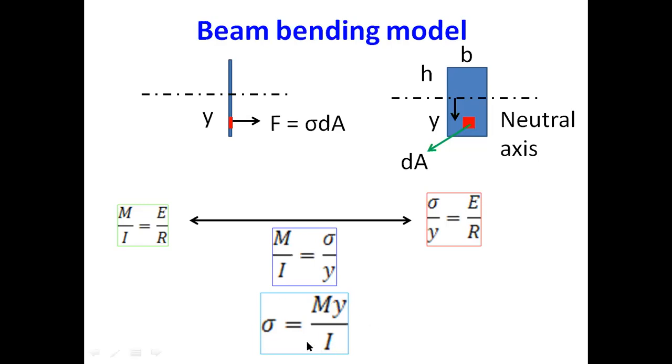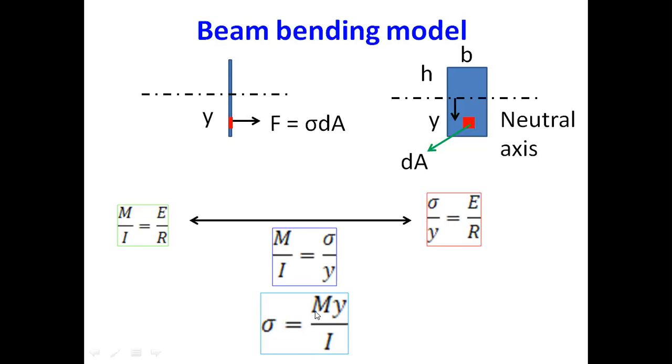Now you could look at this equation and visualize that this bending stress is directly proportional to y. So if we increase y, the stress would also increase, and it varies linearly. The bending stress varies linearly with y.